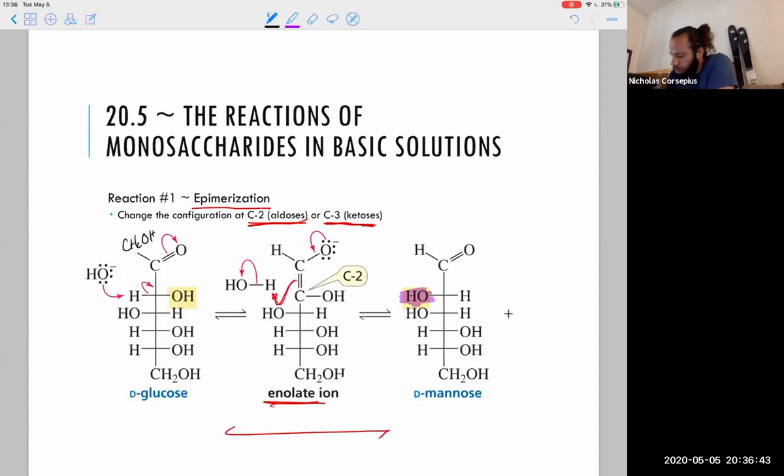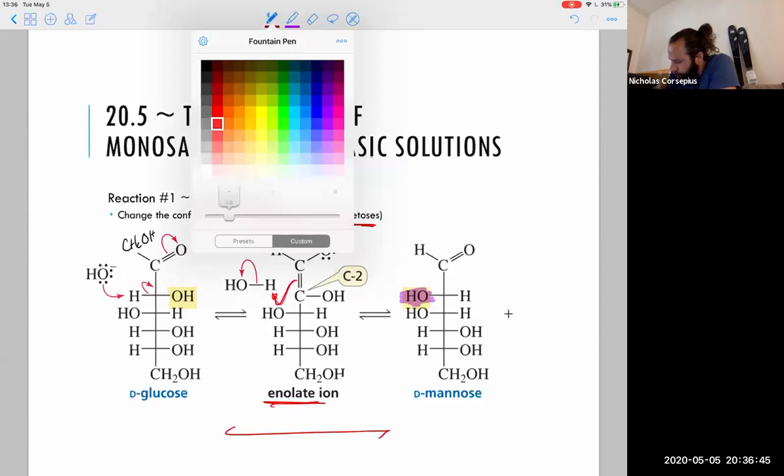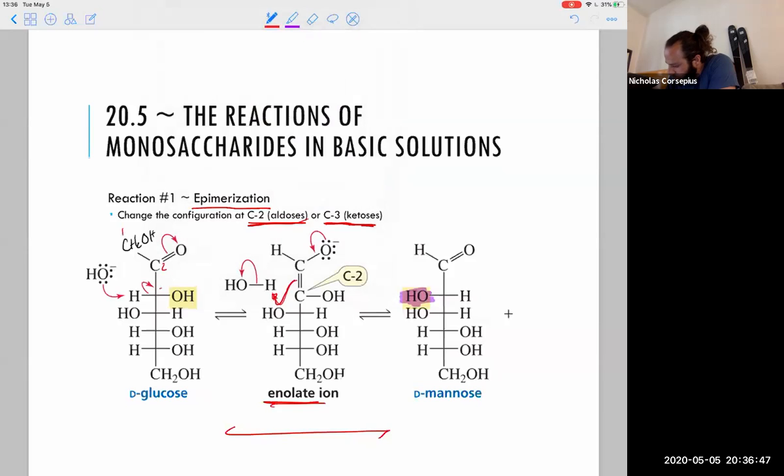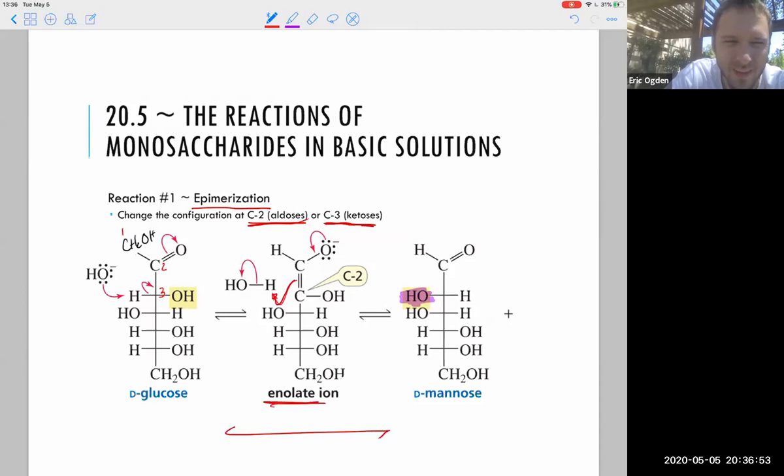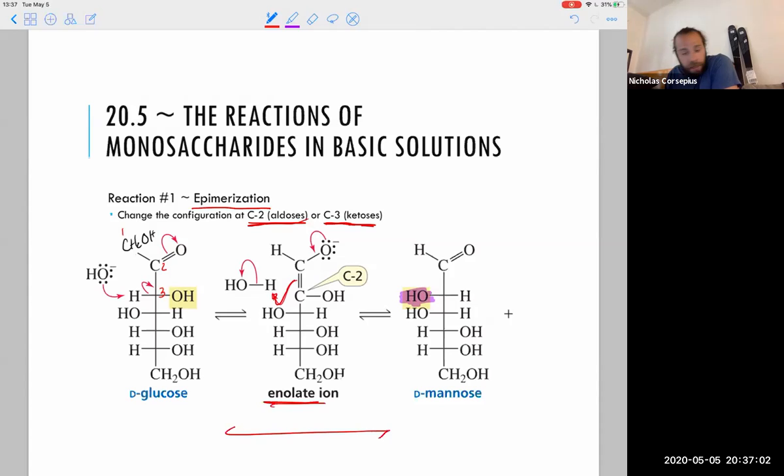Why not the C1? Well, carbon already has 4 bonds, right? Like 4 separate bonds. Well, this C1 is an alpha carbon.